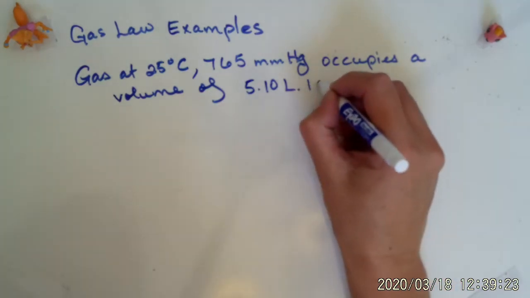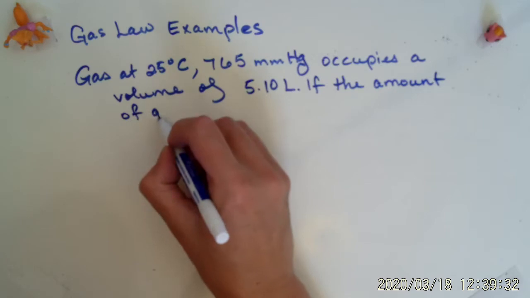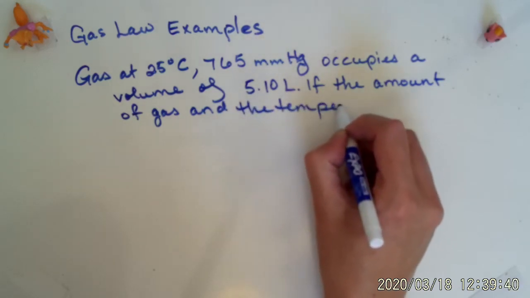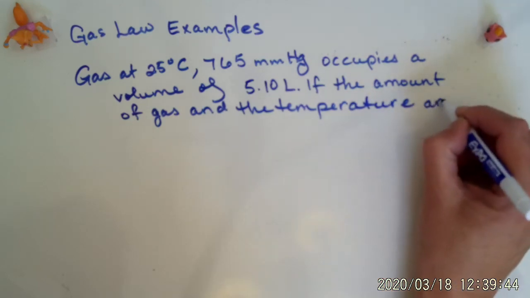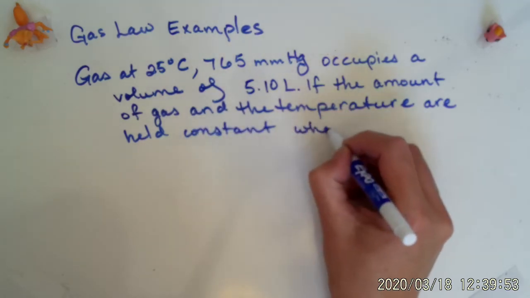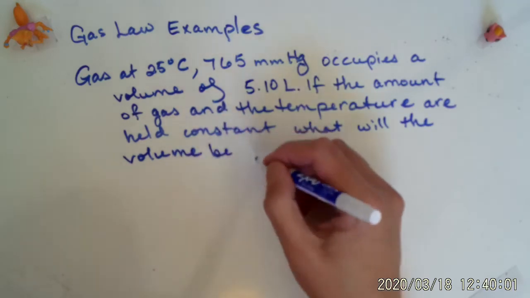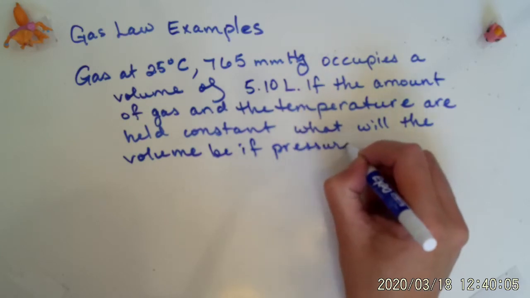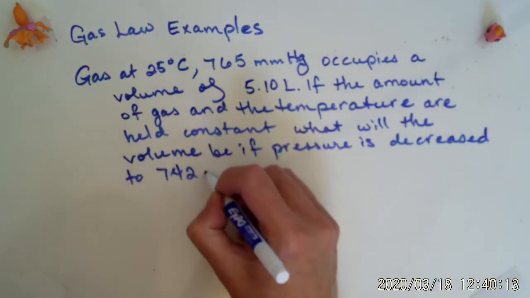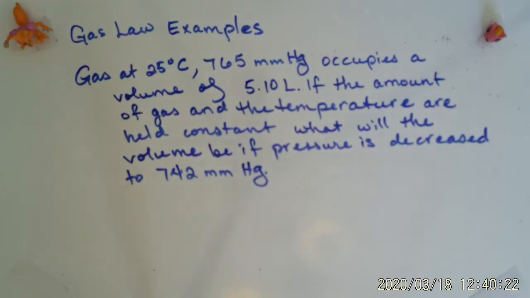If we hold the amount of gas and the temperature constant, what will the volume be if pressure is decreased to 742 millimeters mercury?